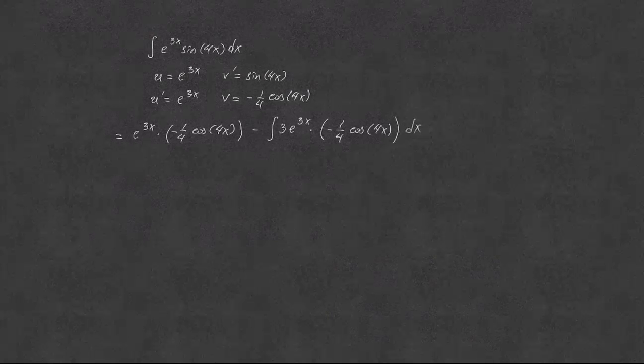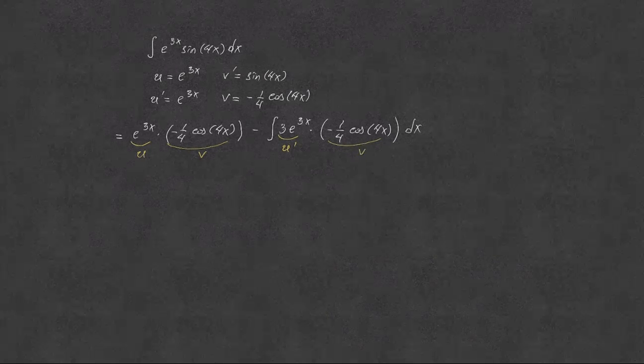And let's simplify this a little bit. For simplifying, I would like to mention one more time that this is u, this one here is v, this is u prime here, and this one is v again.